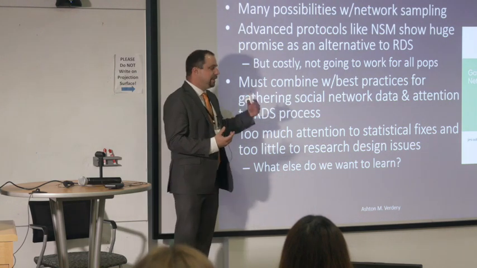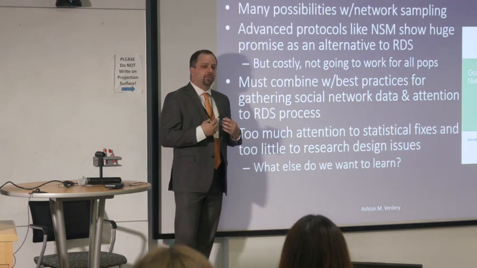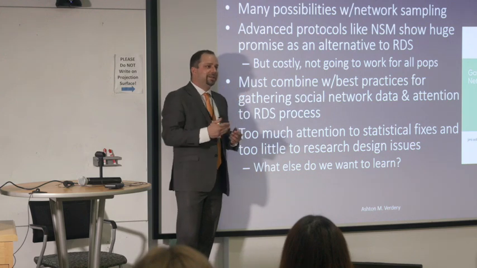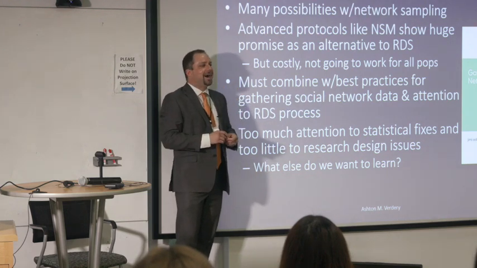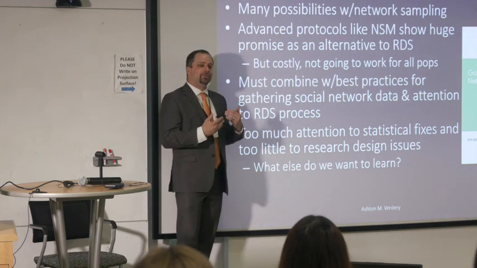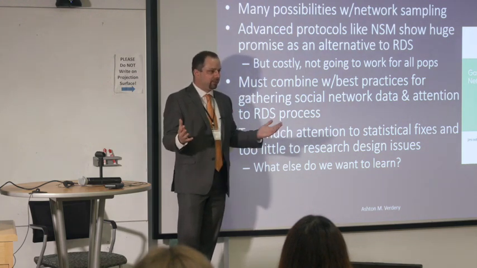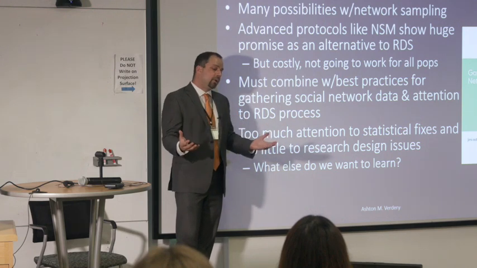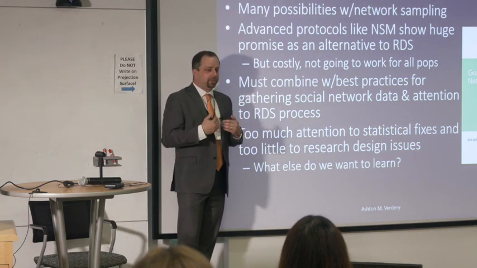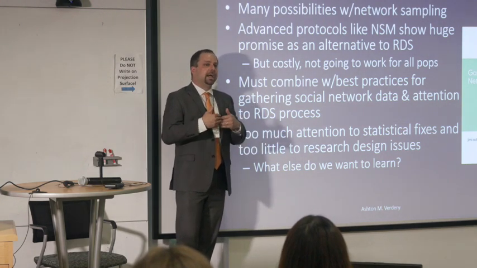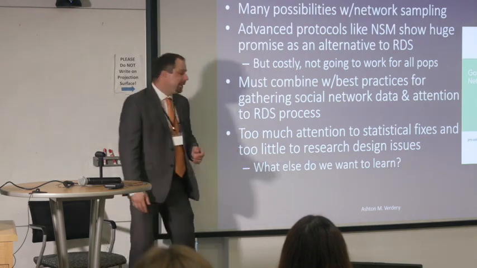But we often need to think about the classic methods for sampling and collecting data on social networks, which I think leads well into the talk that Jimmy's going to give next, because those considerations really do play a central role in thinking about how we best learn about social networks. And I think by learning more about the network, we can come up with sampling procedures that more effectively use that network. So thank you very much.